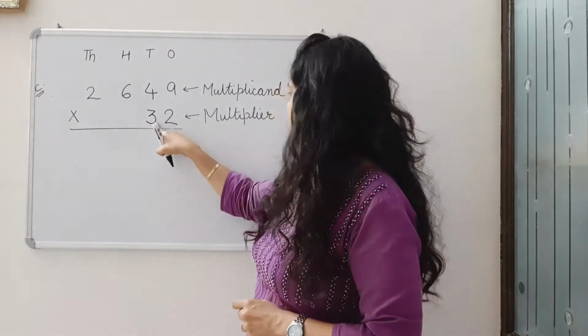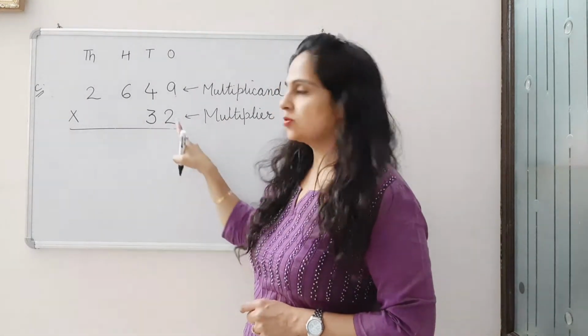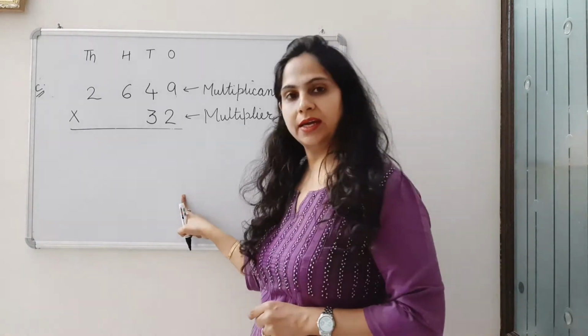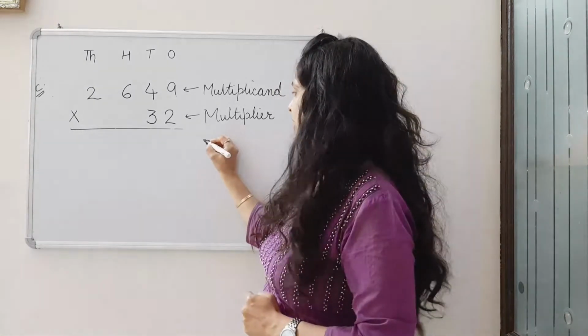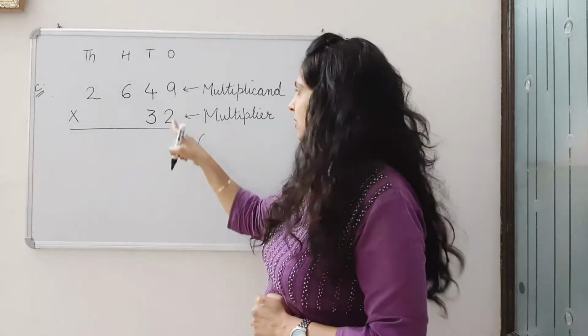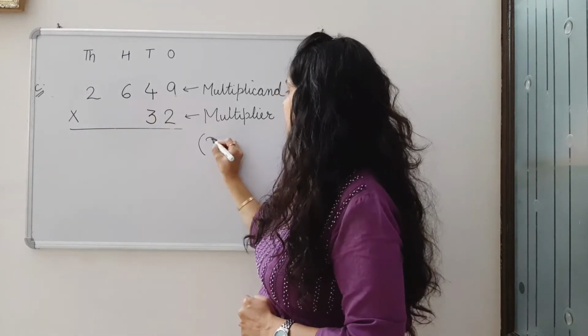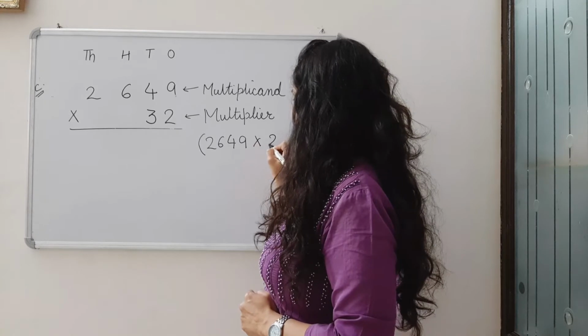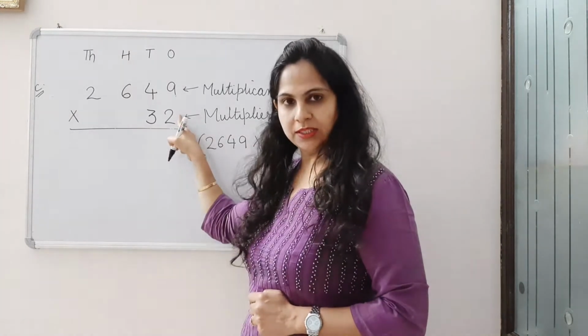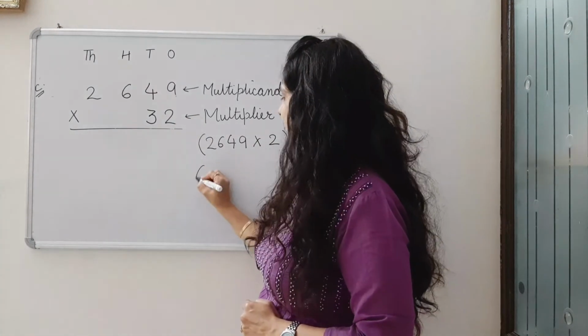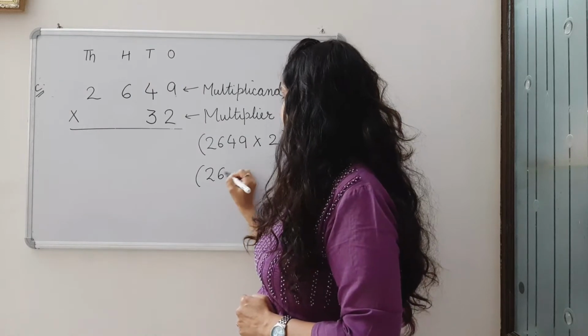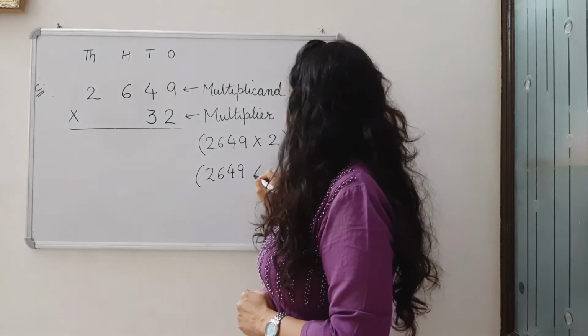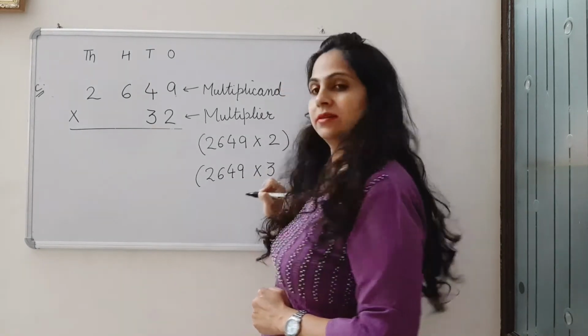Now this multiplier has 2 digits, so we have to multiply it in 2 steps. Okay, in the first step, we will multiply 2649 by 2 because 2 is at the 1's place, and in the second step, we will multiply 2649 by 3.